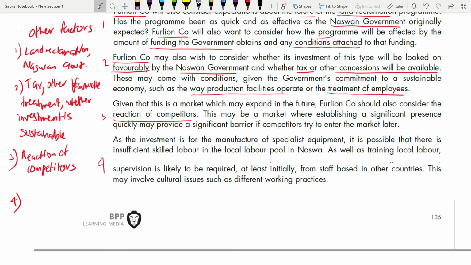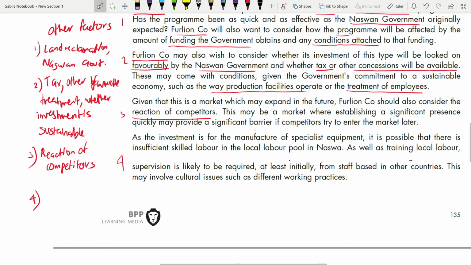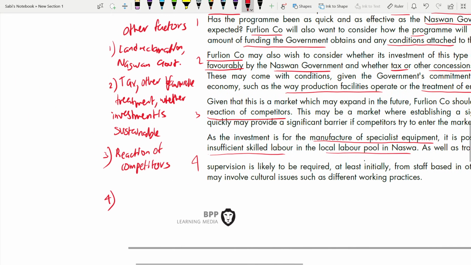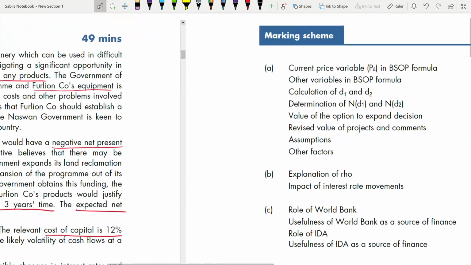Trust me on that. So coming to the fourth point, as the investment is for the manufacture of specialized equipment, it is possible that there is insufficient skilled labor in the local labor pool in Nazwa. What about labor? This is a manufacturer of specialized equipment. Have we been told about it anywhere in the case study?